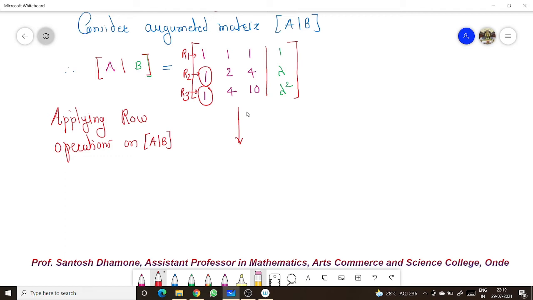Case second: if the rank of augmented matrix AB is equal to the rank of matrix A, which is less than n, the number of unknowns, then it has infinitely many solutions.